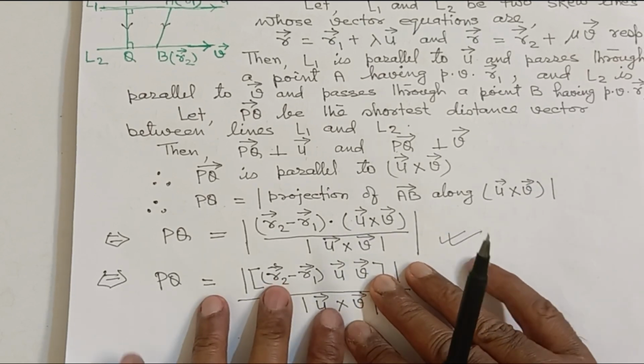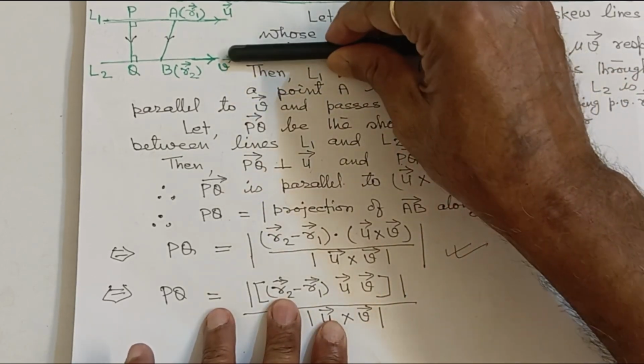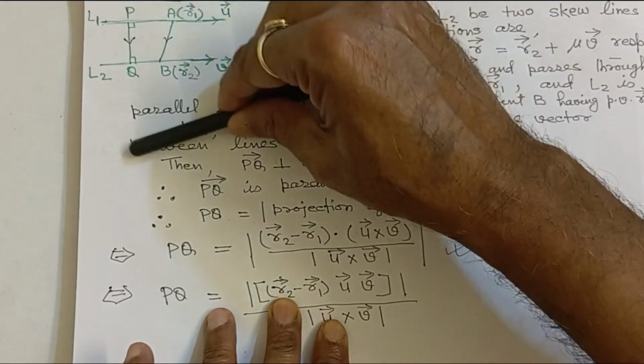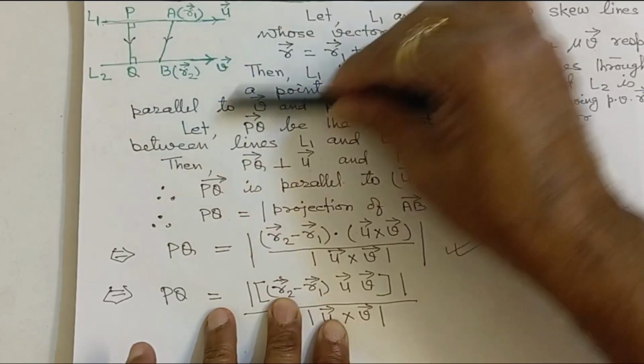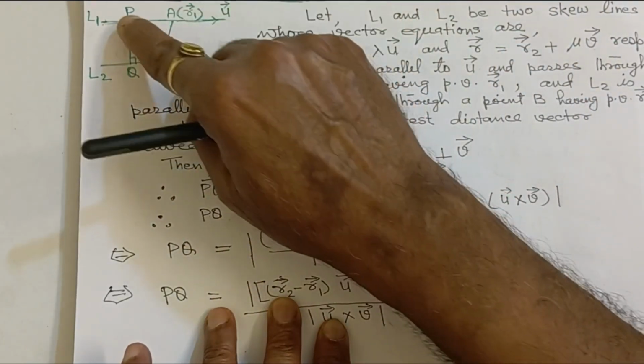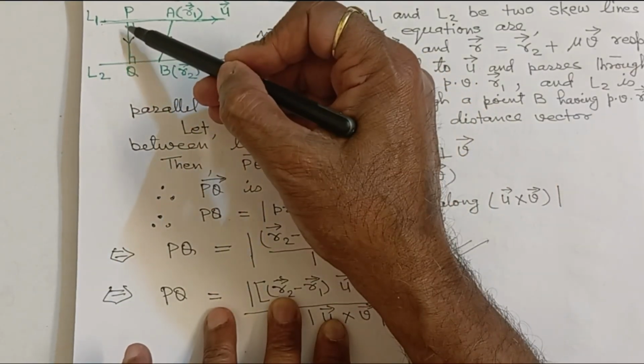If we draw a perpendicular to this line PQ, then the shadow of AB is called the projection of AB over PQ.